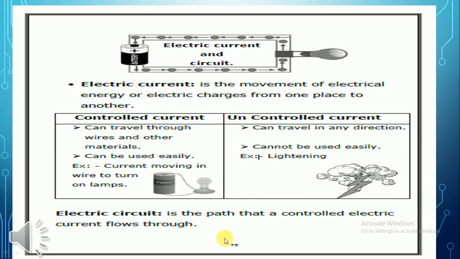Page 75, we talk about electric current and circuit. Electric current is the movement of electrical energy, or electric charges, from one place to another.